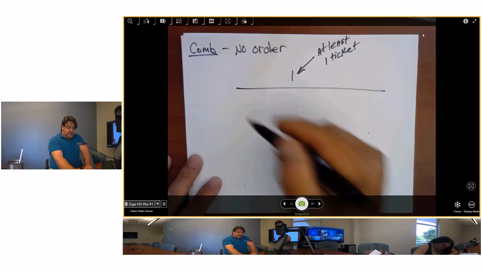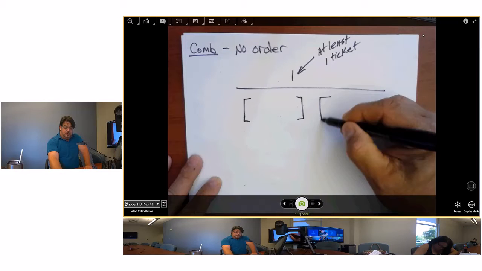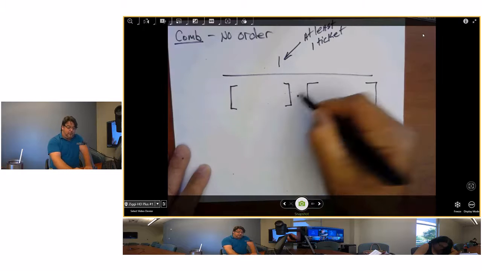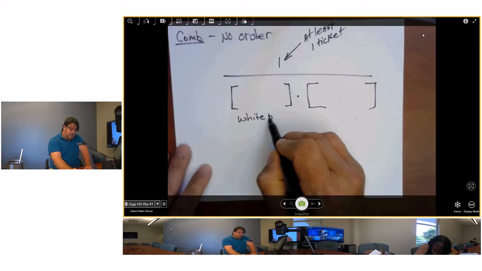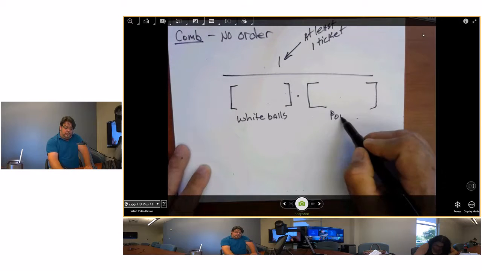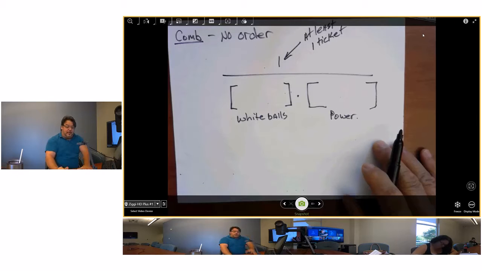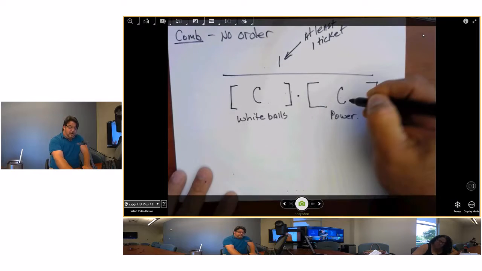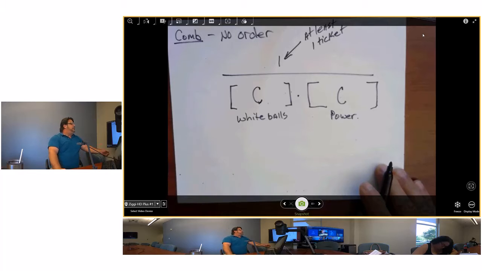Now, there's 2 things you have to multiply down here. There's 2 combinations: the combination of the white balls and the combination of the red Powerball. And the combination, there'll be big C's, because it's not a permutation. N is always your biggest number.